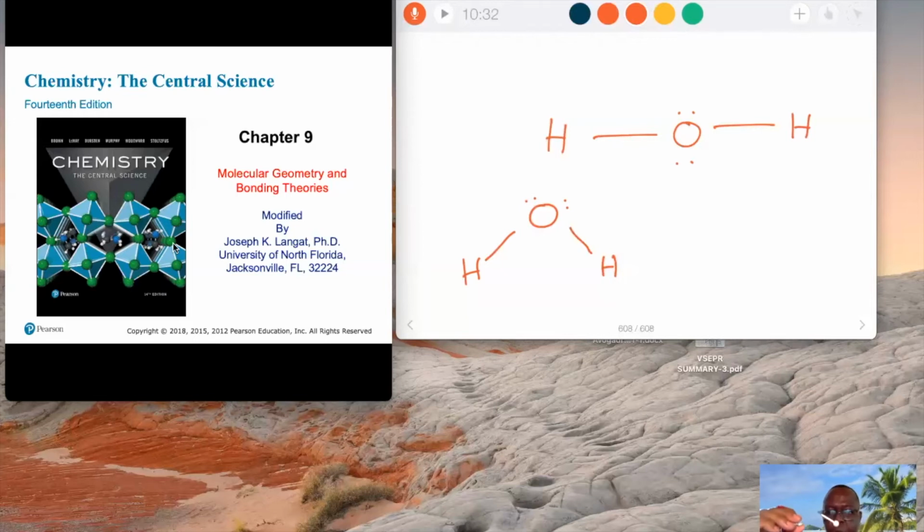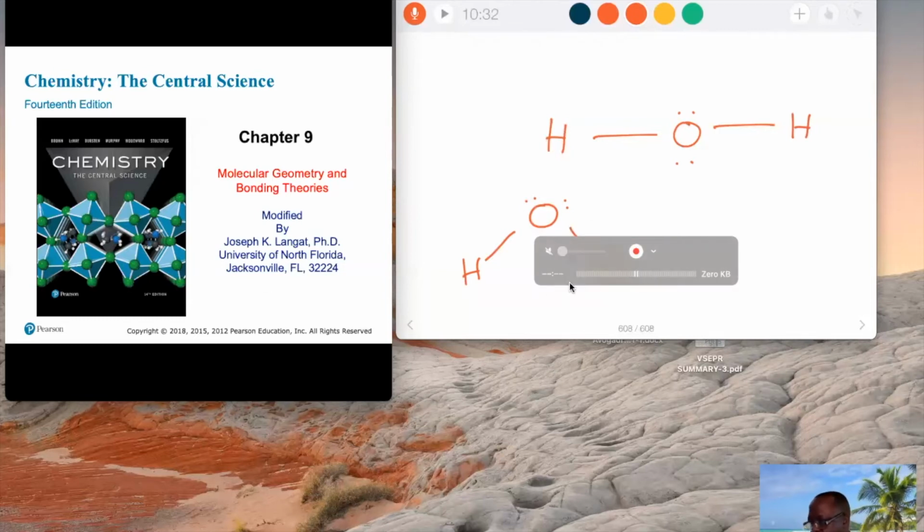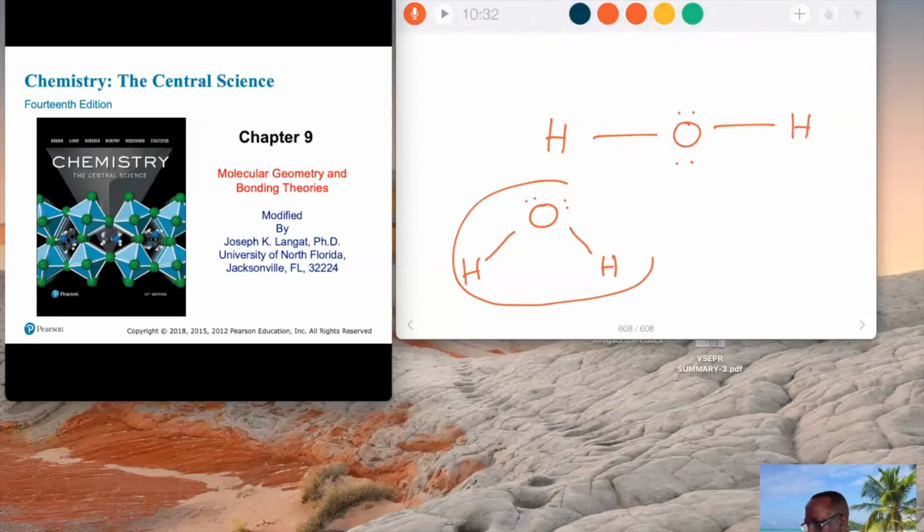I'm holding a model of a water molecule, and on my whiteboard, this is the actual molecular shape of H2O. What we'll be learning is how do we end up with this?